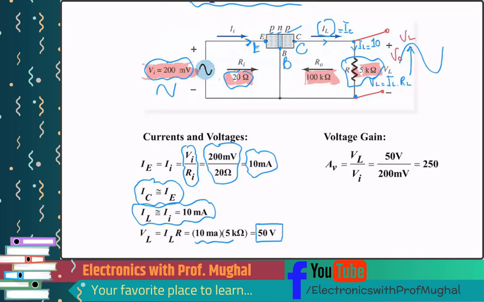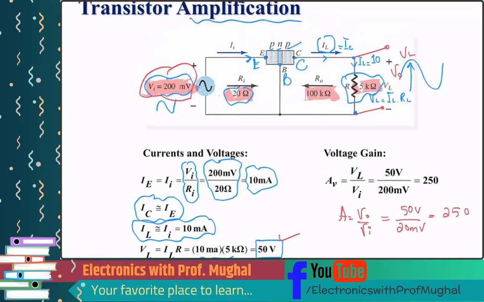Now the gain, we know the gain is the output voltage over the input voltage. The output voltage came out to be 50 volts, and the input voltage was 200 millivolts. You do the math and you get 250. That tells you this signal is amplified 250 times as much as the input voltage.